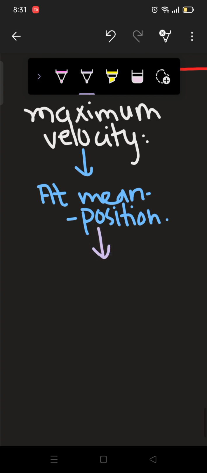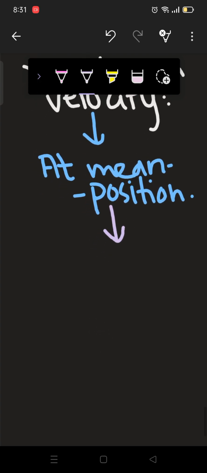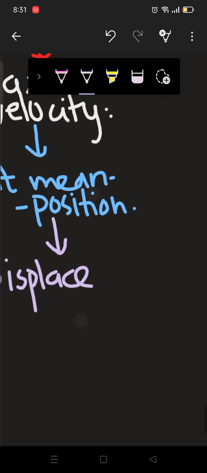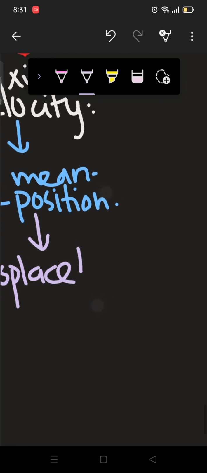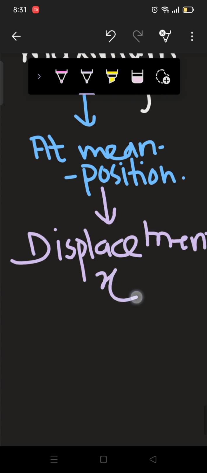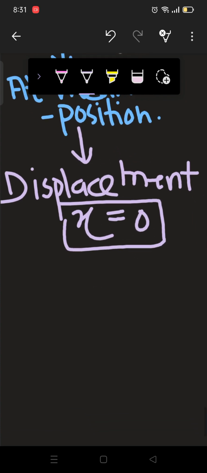maximum velocity at the mean position, right? At the mean position our displacement is 0, since displacement is always taken away from the mean position. So at the mean position our displacement is 0, which is denoted with x is equal to 0, right? Now let's write the formula for finding the velocity again.